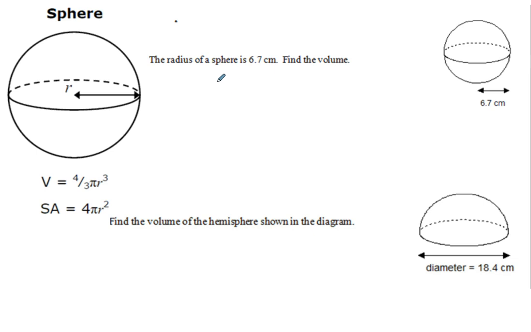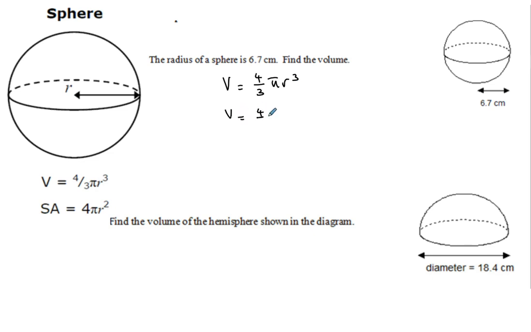All right, let's try a simple example. The radius of the sphere is 6.7 centimeters. Find the volume. So again, always write the formula first. So you've got 4/3 pi r cubed, and then just stick the numbers in.